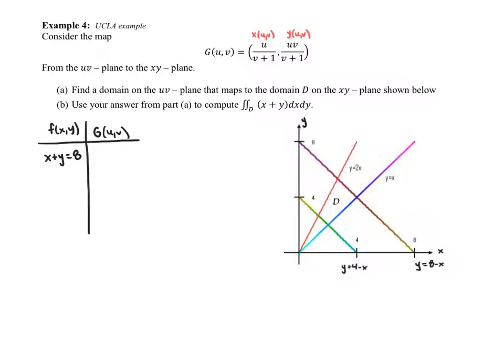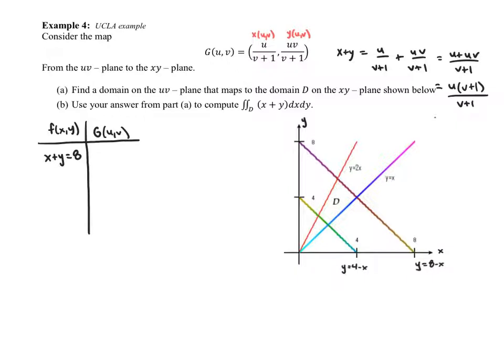When we look at the original, the x equation u over v plus 1 and the y, if we were just to combine those, so in other words, if we have x plus y and we plug in our u and v equation, we have this, and because we have the same denominator, we have u plus uv divided by v plus 1, and then we could factor u times v plus 1 divided by v plus 1.